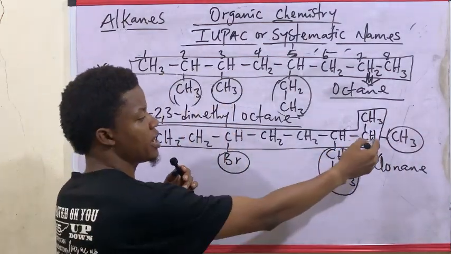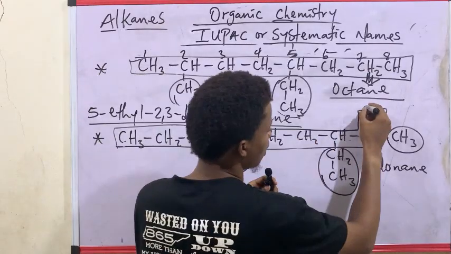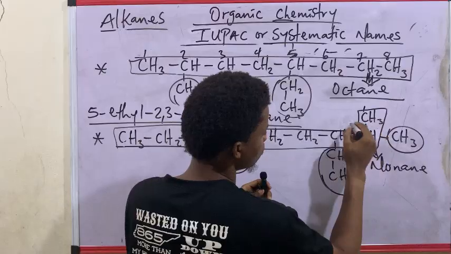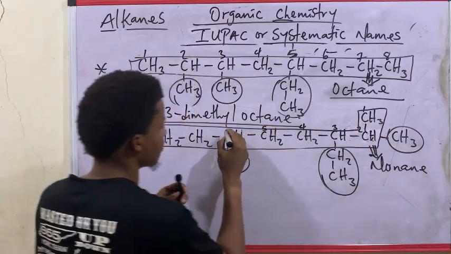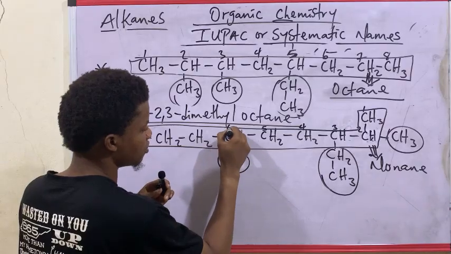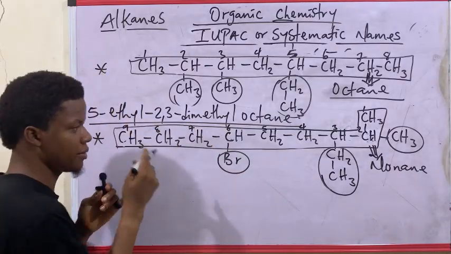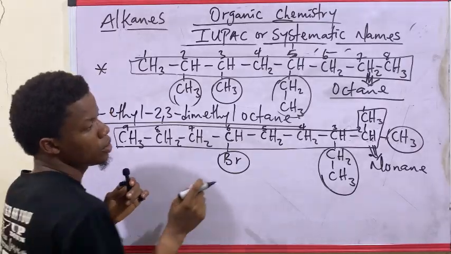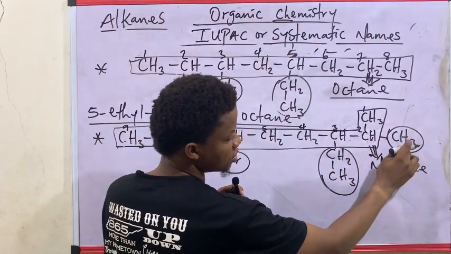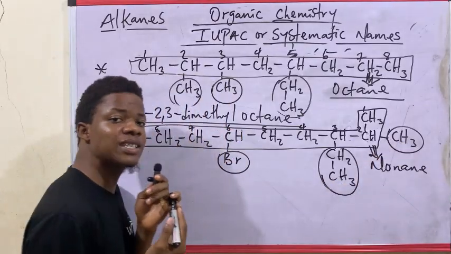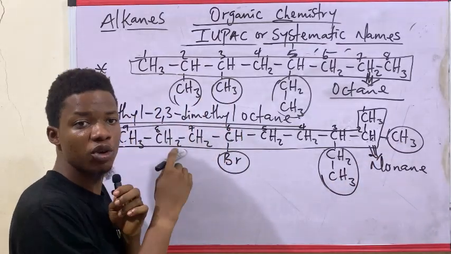So here has the smallest number possible, so we use this numbering. 1, 2, 3, 4, 5, 6, 7, 8, 9. So if you look through the chain, we have a methyl substituent, CH3. I've told you how to get alkyl groups. I explained how to get alkyl groups in my previous video.